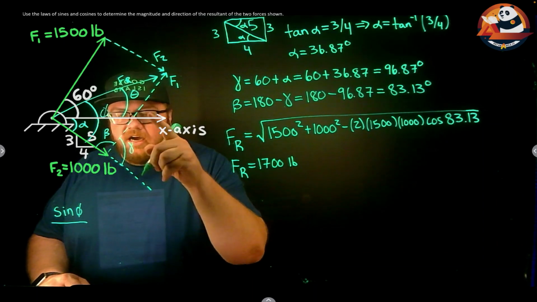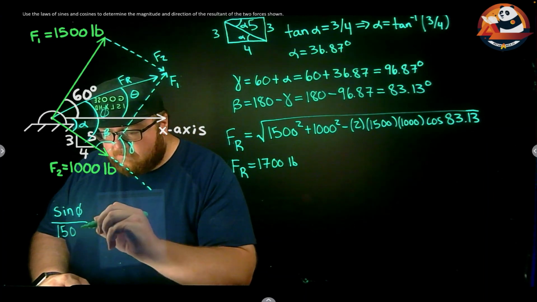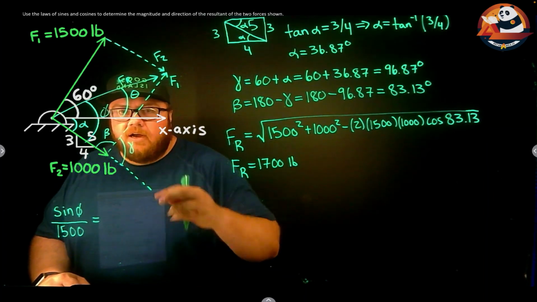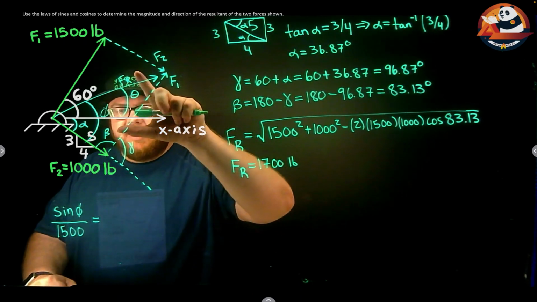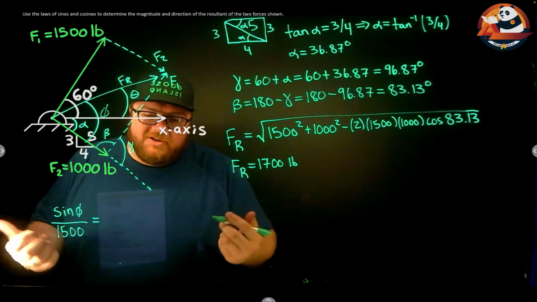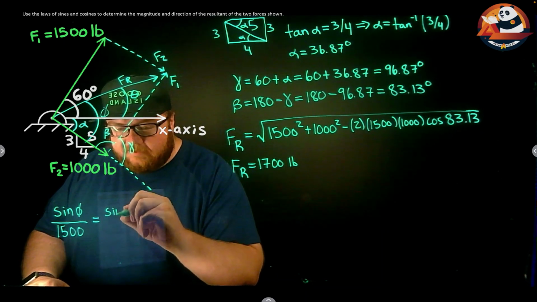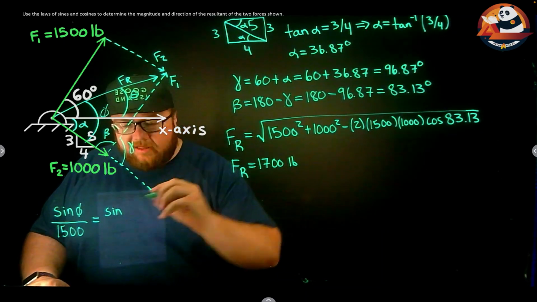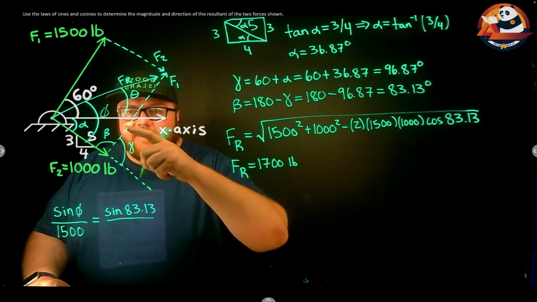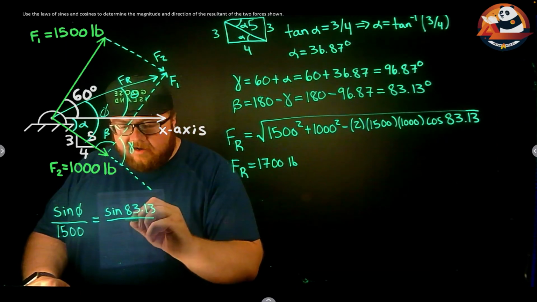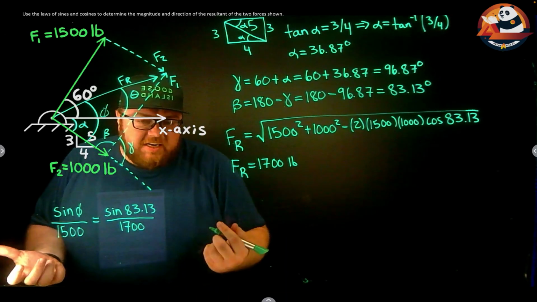If phi is right here, the opposite side is F1, 1,500. I know beta and FR. Again, this is why I start with law of cosines, because then I have a side and the opposite angle I can use in the law of sines. So this is equal to sine of beta, sine of 83.13, divided by the opposite side, FR, 1,700. I need to move that 1,500 to the other side and just take the inverse sine.